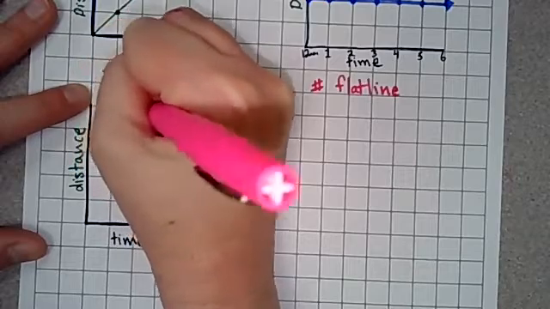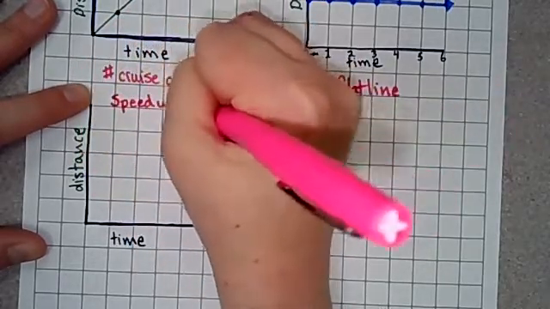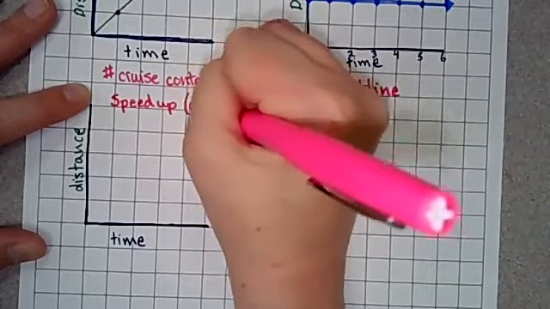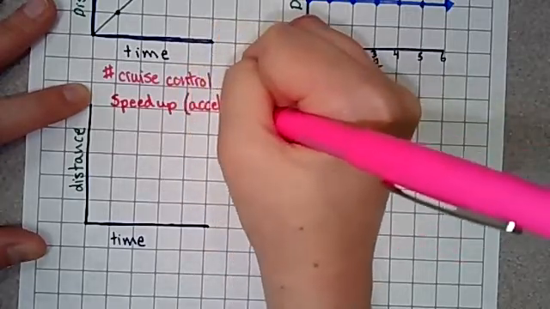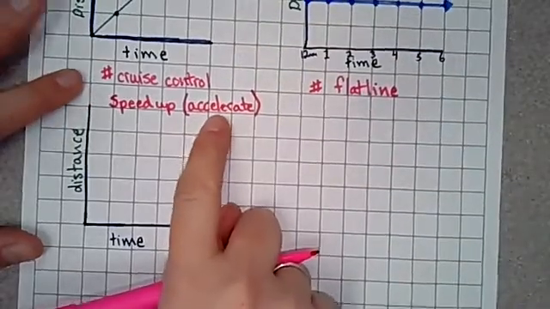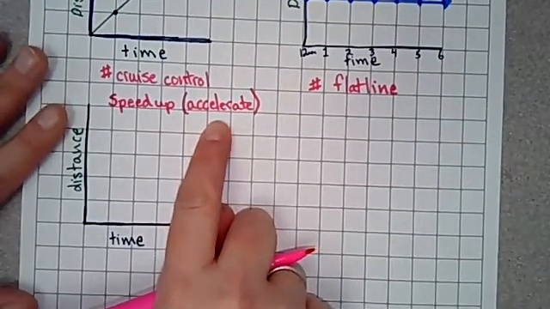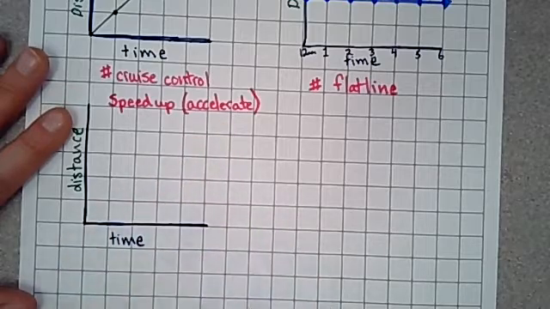So if you want to show that something is speeding up, I'm going to write this right here. Speeding up. This is also known as that fancy science word, accelerate. Your mother might, or your dad, when they press on the gas pedal, they are pressing on the accelerator, okay? So what would your graph look like?